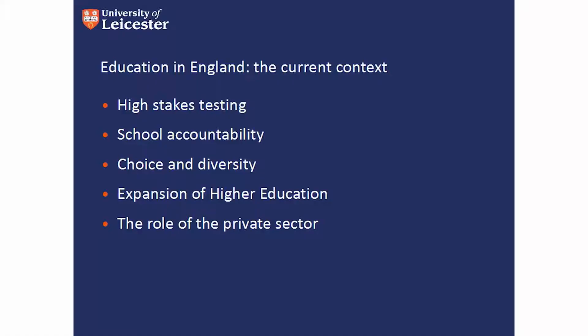Along with this, we have expansion of higher education. I'll talk a little bit about higher education later, but the number of people going to higher education has increased, as perhaps it's done in Poland as well, greatly over the last 20 to 25 years. Tony Blair set a target that by, I think it was 2010, half of people aged 18 to 30 would go to some form of higher education.